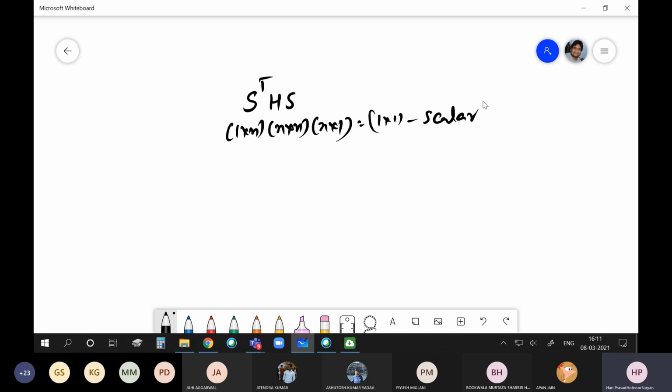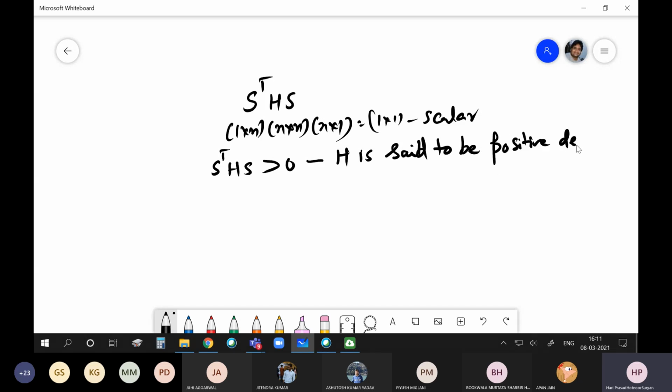If S transpose H S is greater than 0, then H is said to be positive definite. If S transpose H into S is less than 0, then it is said to be negative definite.